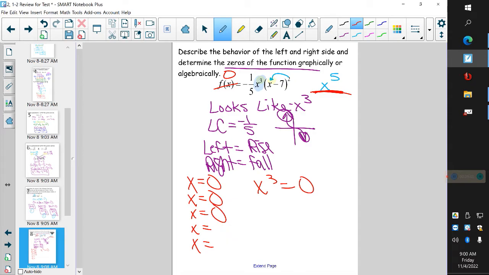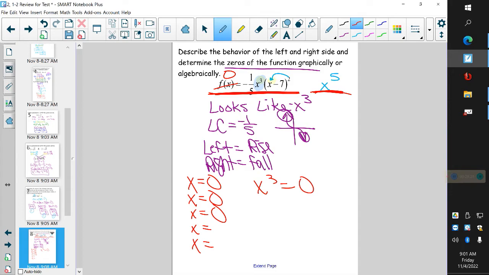Why is x cubed equal to 0? Because if I were to replace f of x with 0, this whole thing is in factored form already. So since it's already in factored form, I simply need to set each parenthesis and GCF equal to 0. The GCF in this problem is x cubed, which means x cubed has to equal 0.